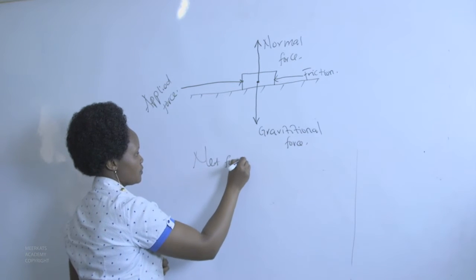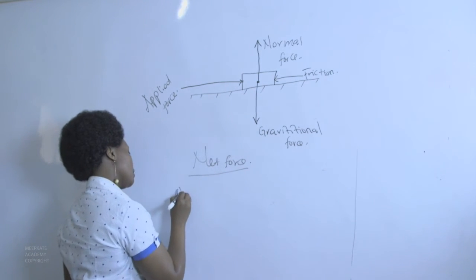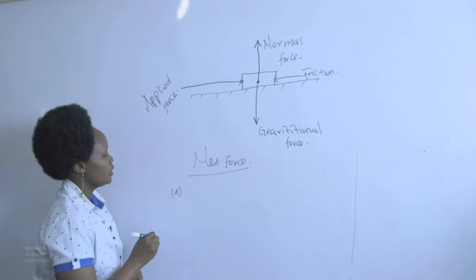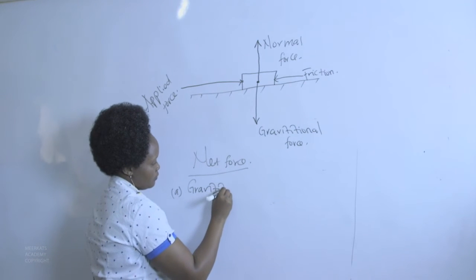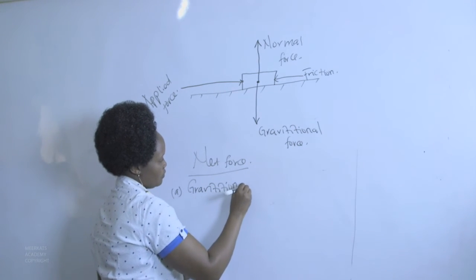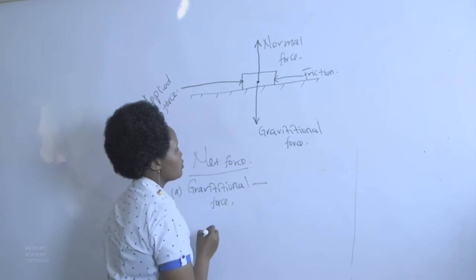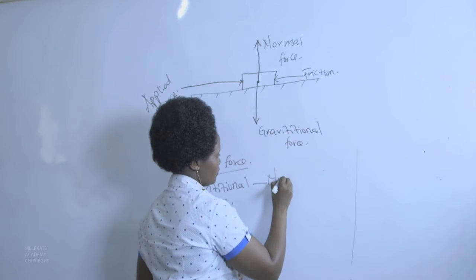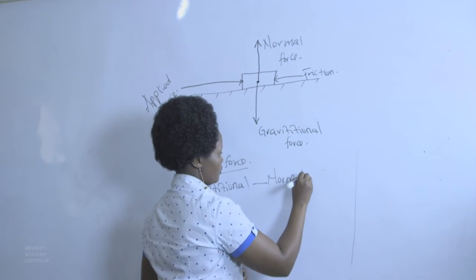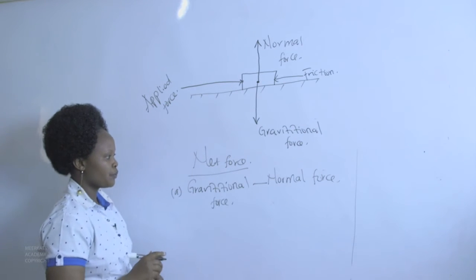Net force A will be gravitational force. This one you subtract the normal force.